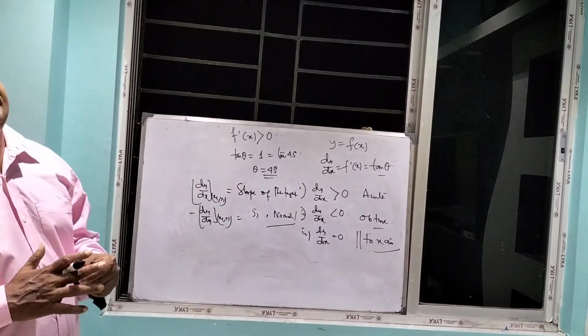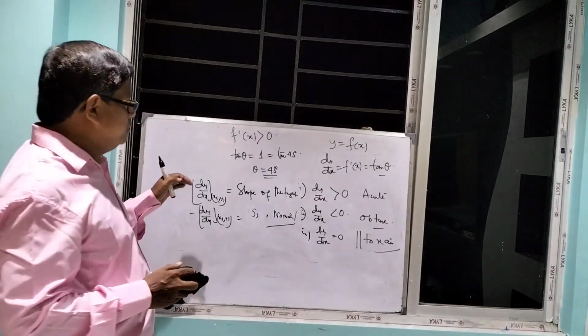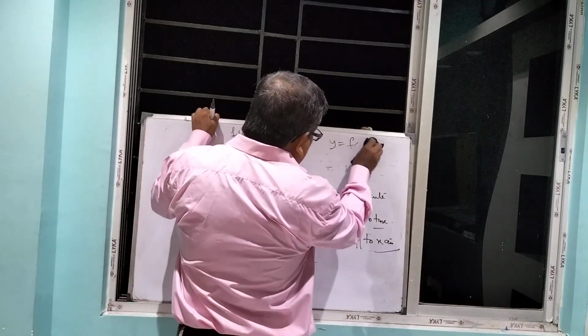Then what is the equation of the tangent and what is the equation of the normal? Look here, I am showing.